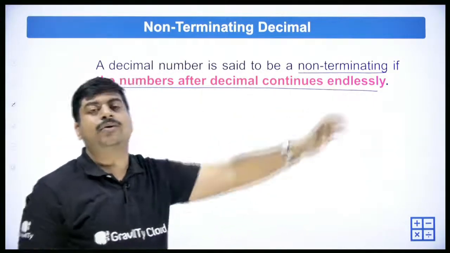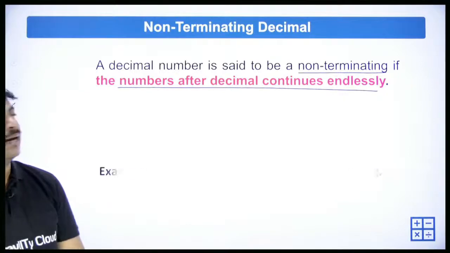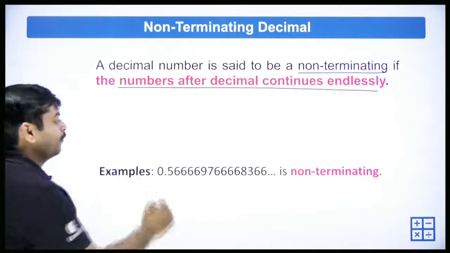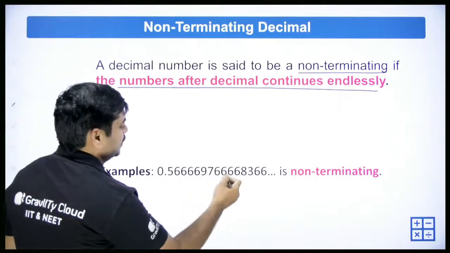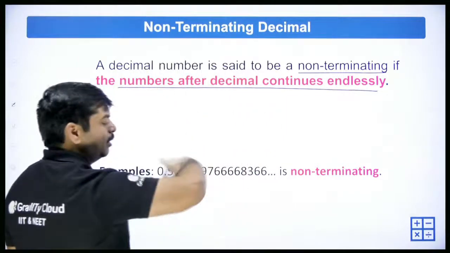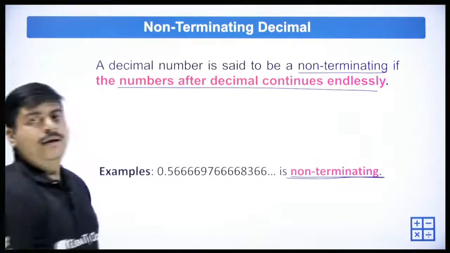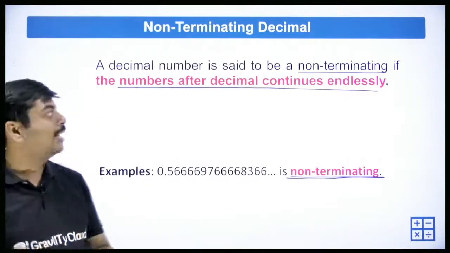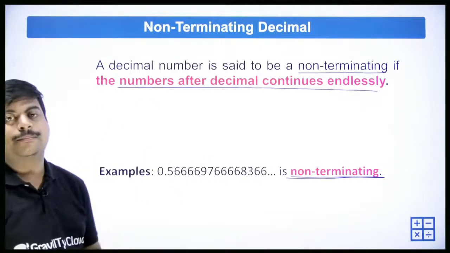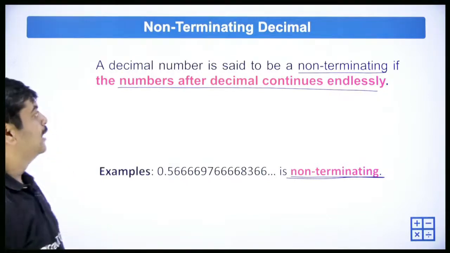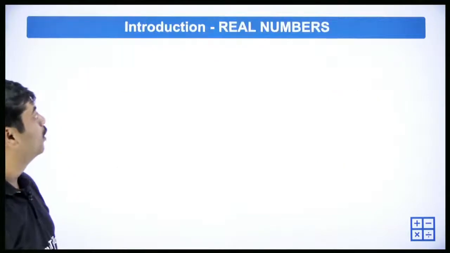It just keeps on going, moving on like this endlessly, right? You can say 0.56669766683, whatever the flow, it is a non-terminating decimal number, correct? Right. So let's try to move forward.